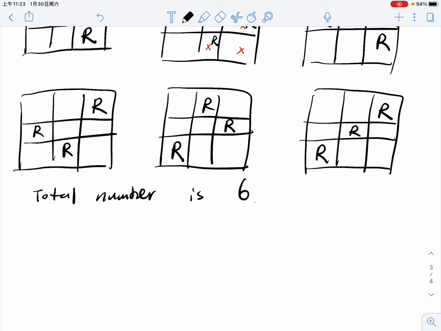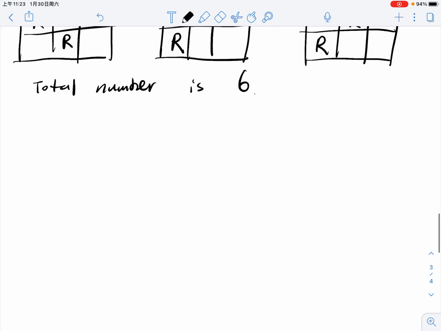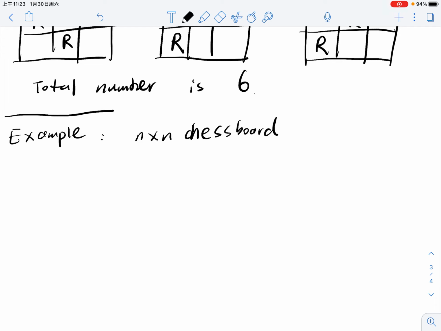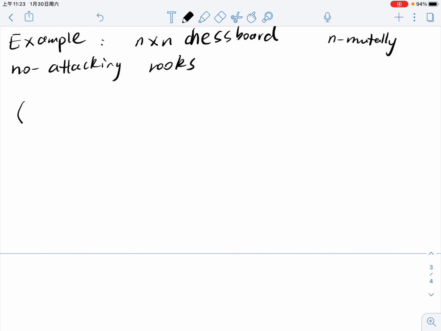Okay, next we generalize the above case to a chessboard with arbitrary size, an n by n chessboard, and n mutually non-attacking rooks. And similarly, no matter how you choose, we can write down the coordinates for each rook.